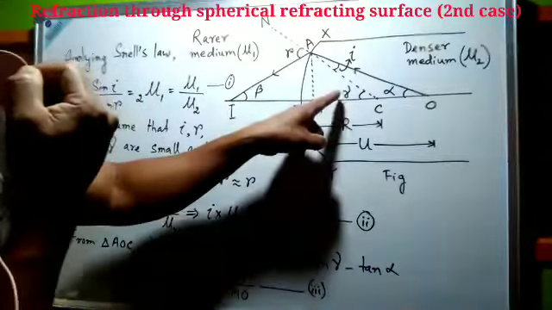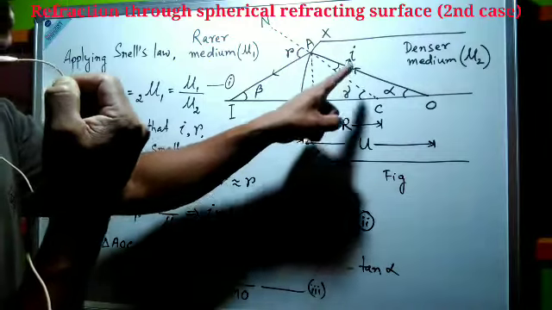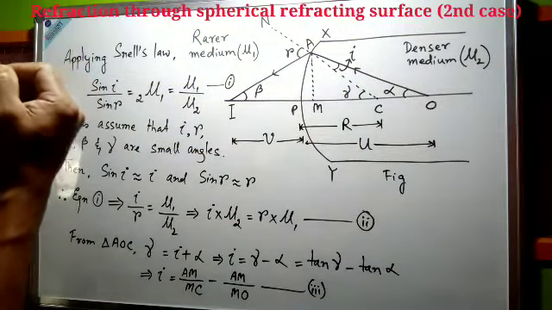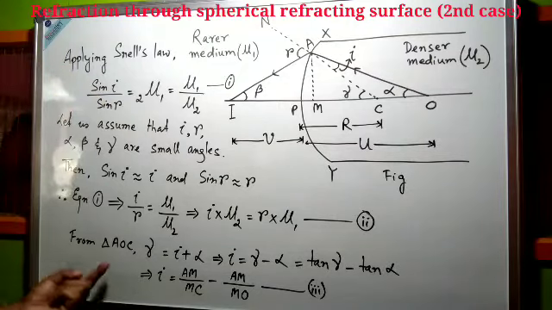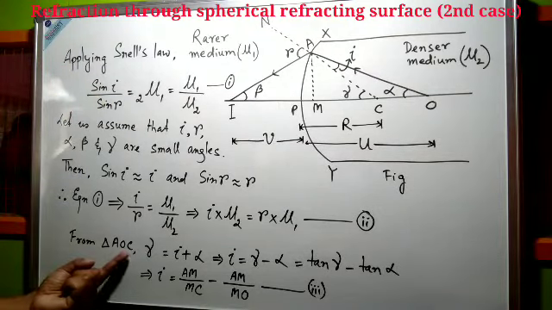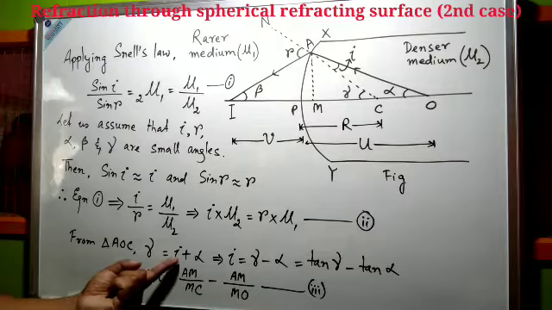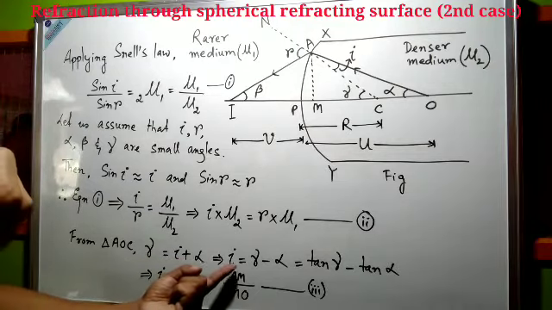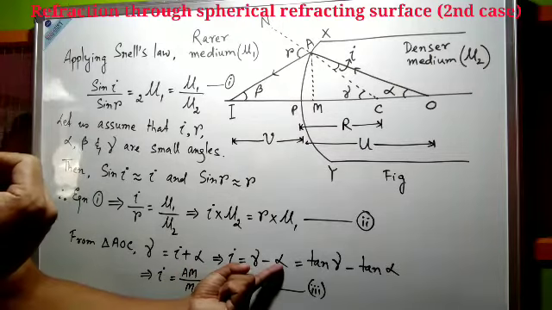So this exterior angle gamma is equal to the sum of these two interior opposite angles, that is I and alpha. So we may write like this: from triangle AOC, angle gamma equal to I plus alpha, and this would be equal to I equal to gamma minus alpha.